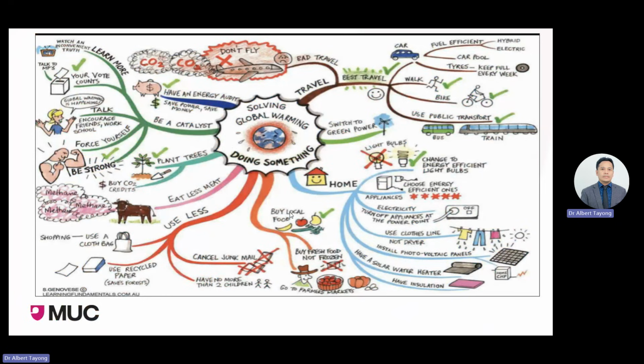Okay, so another example here is about global warming. You can also use this for solving or fighting or combating climate change. After all, global warming is one of the effects of climate change.